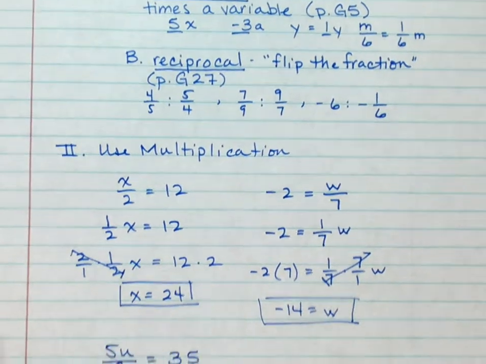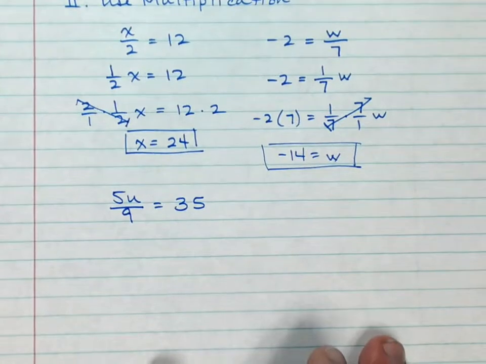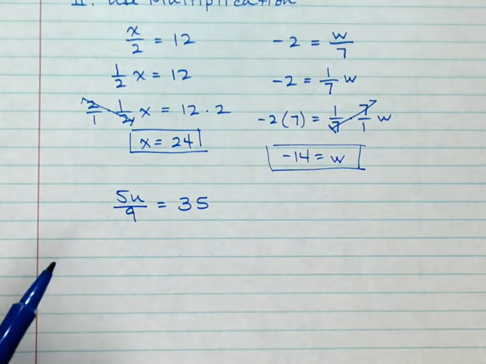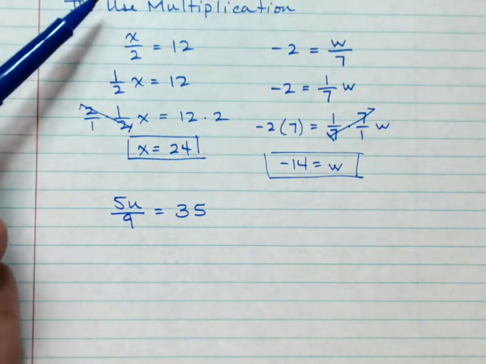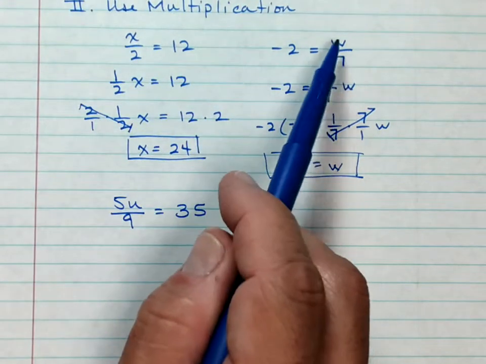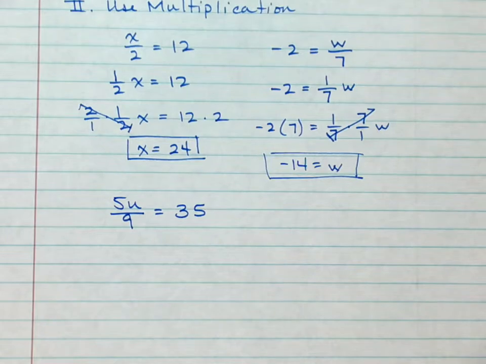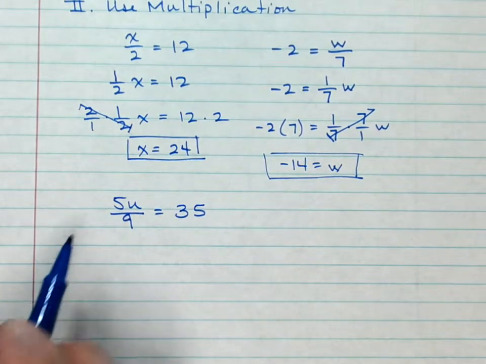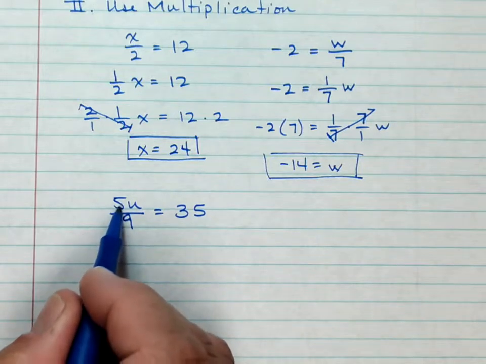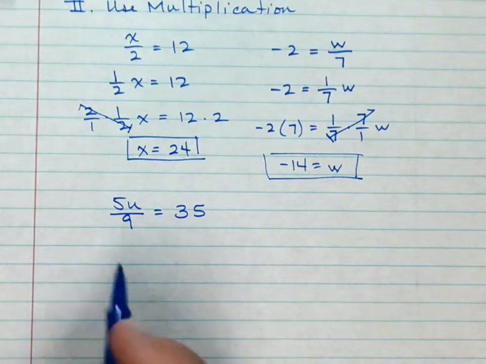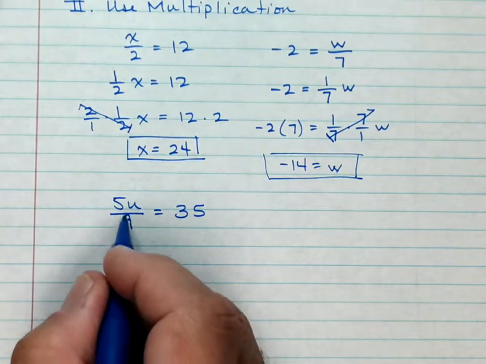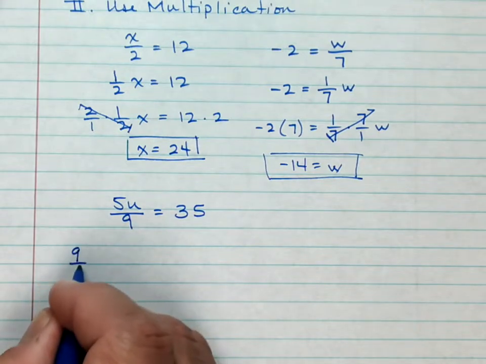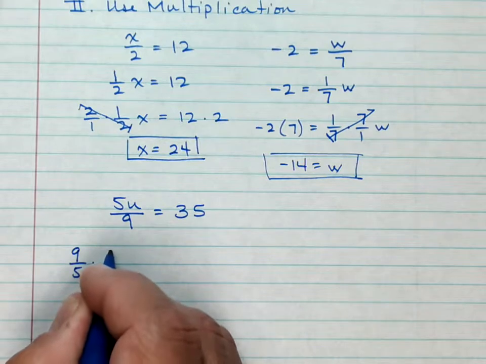This I think is easier than the first two examples, because in the first two examples our numerators are 1 and they don't stand out to you as much as a 5 does. Now that we know that 5 is the numerator and 9 is the denominator, our fraction is 5/9. That's your coefficient. So we're going to multiply by the reciprocal of that coefficient.